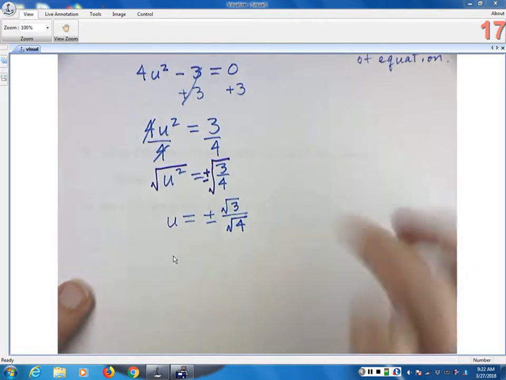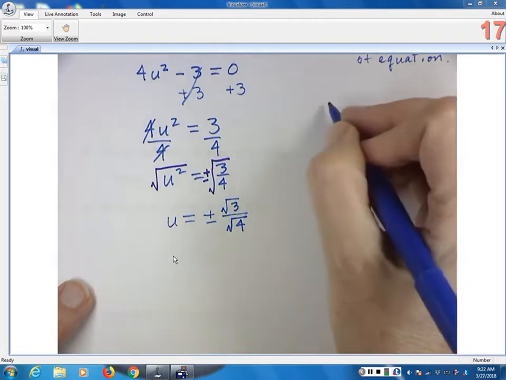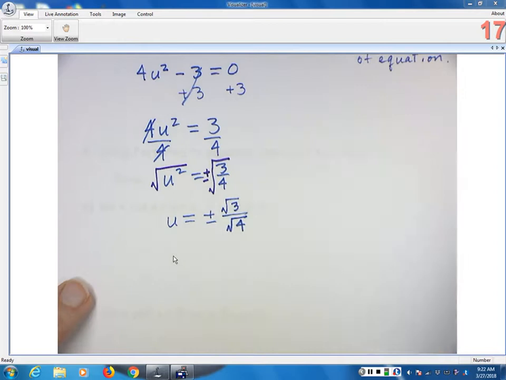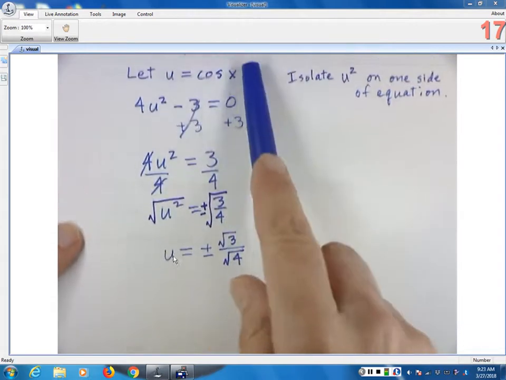If you were doing this in cosine x, or cosine squared x, you would no longer have the squared, because we got rid of it when we took the square root.